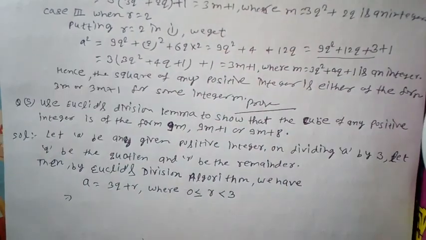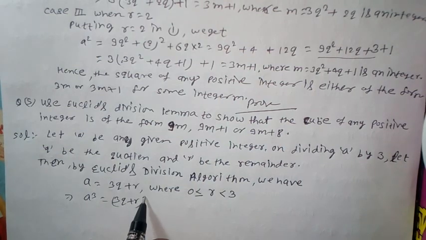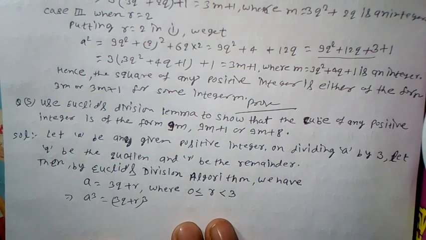Now we cube this. a cubed is equal to (3q plus r) whole cube. (a plus b) whole cube is equal to a cube plus b cube plus 3a square b plus 3ab square. We use this formula here.